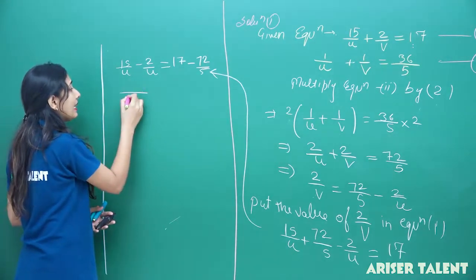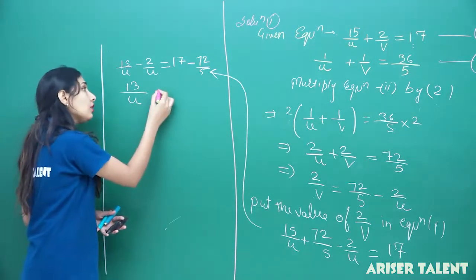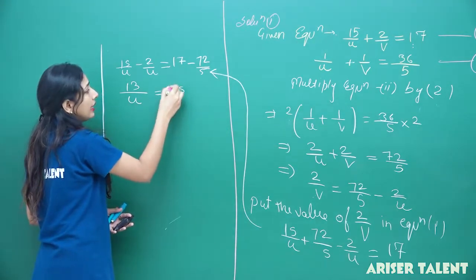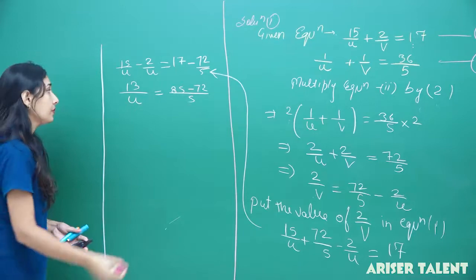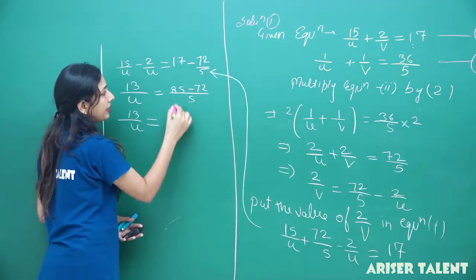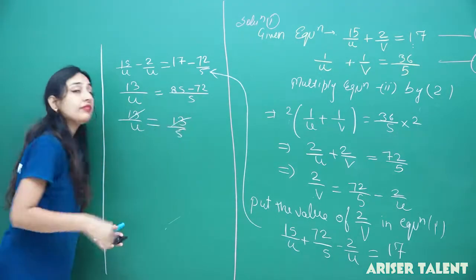Okay, now what will I do? I am just simply calculating this, that will become 13 by U equals to 85 minus 72 by 5. Now this will be 13 here, and 5 here. Now 13 and 13 will cancel out.